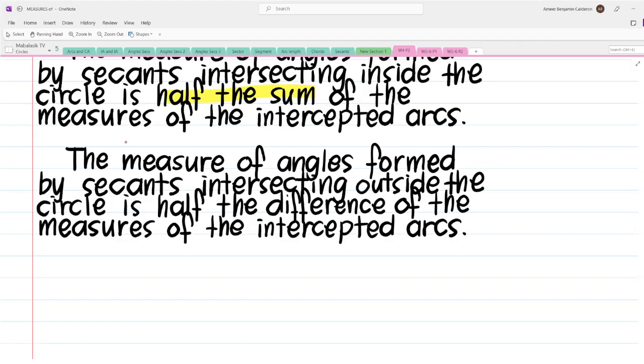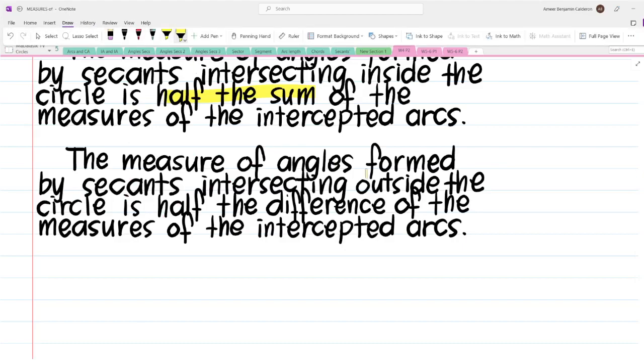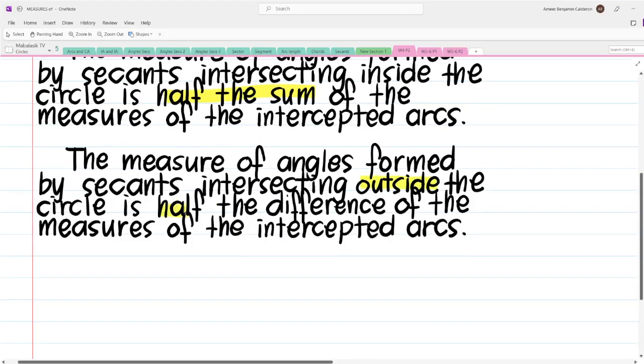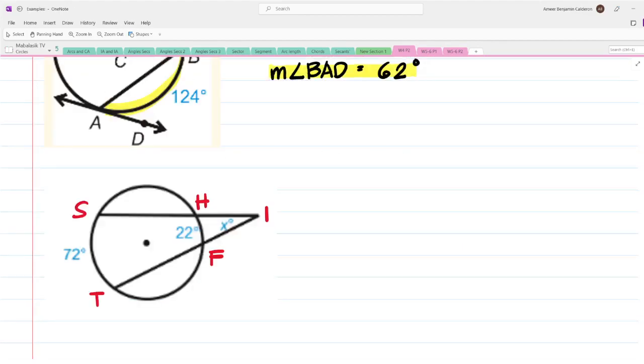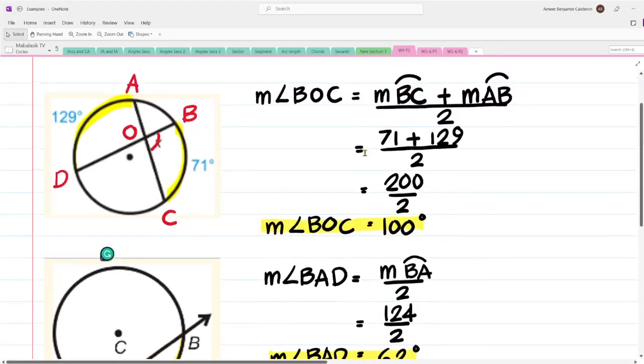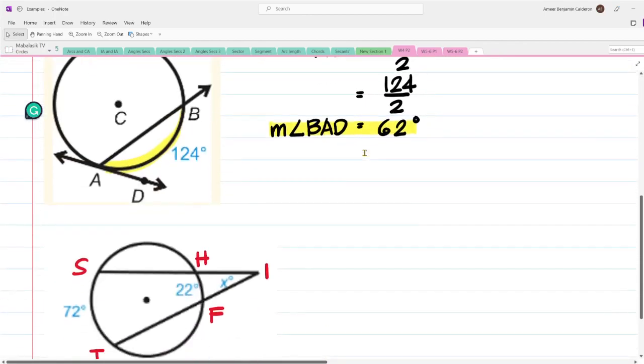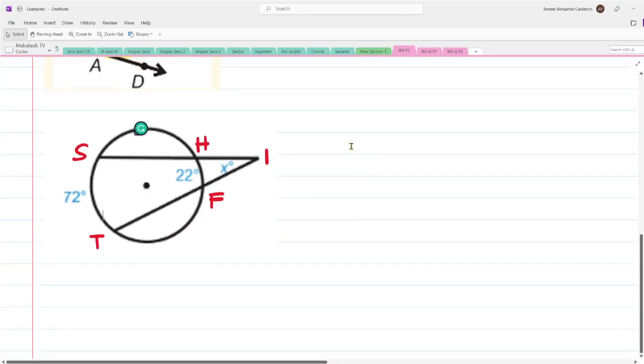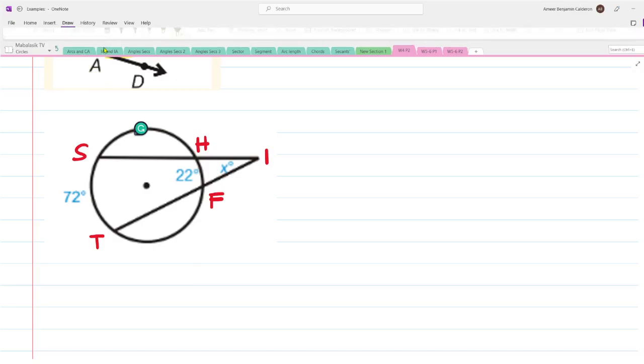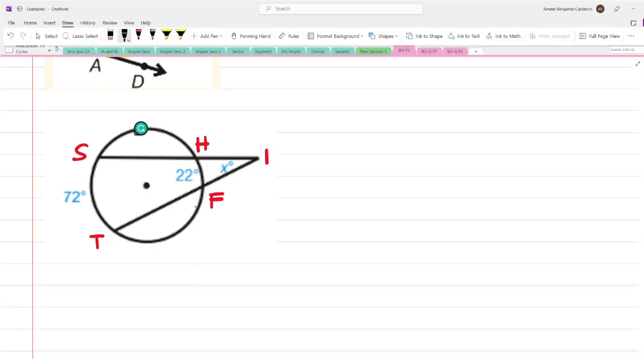So the measure of angles formed by secants intersecting outside the circle is half the difference. So if the secants or chords intersect inside, that is half the sum. If the secants, or in this particular case can be a tangent and a secant, or it can be two tangents, intersect outside the circle, then we have two intercepted arcs, but we have to get half of the difference of the intercepted arcs.